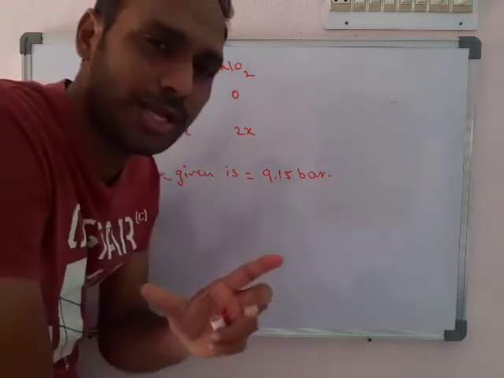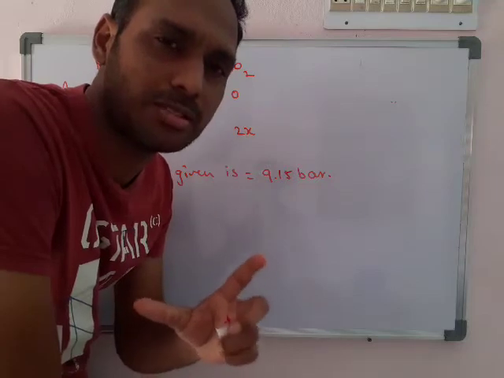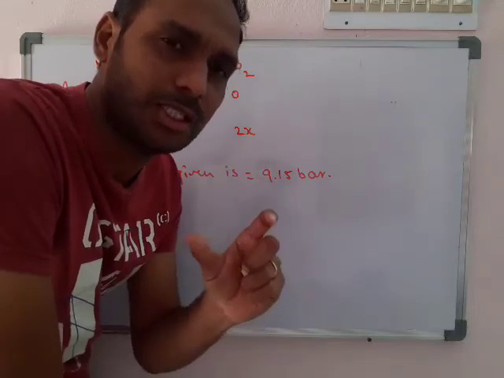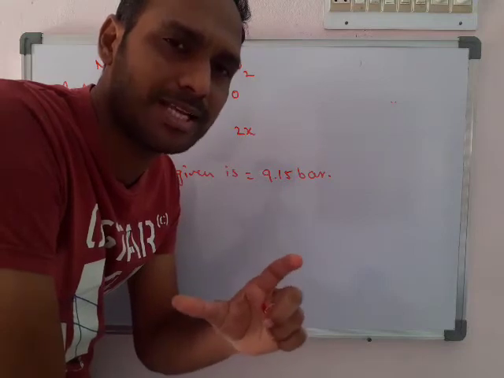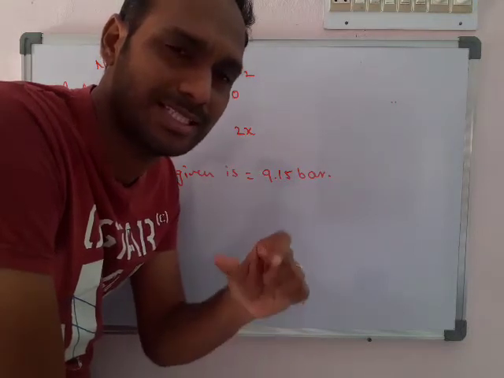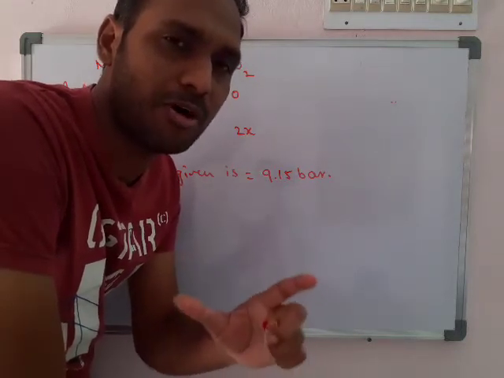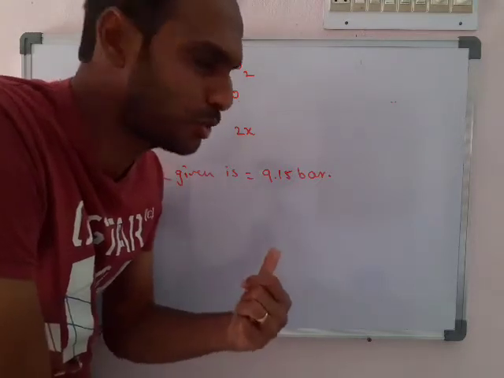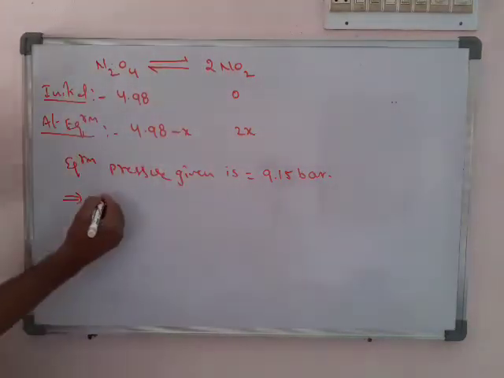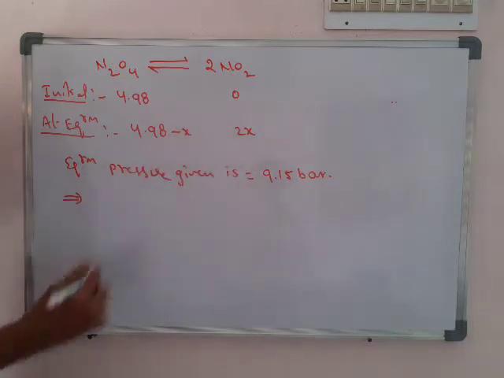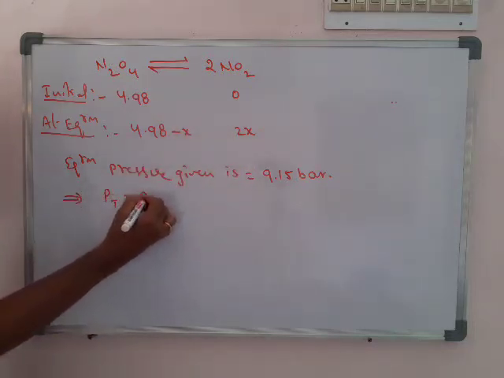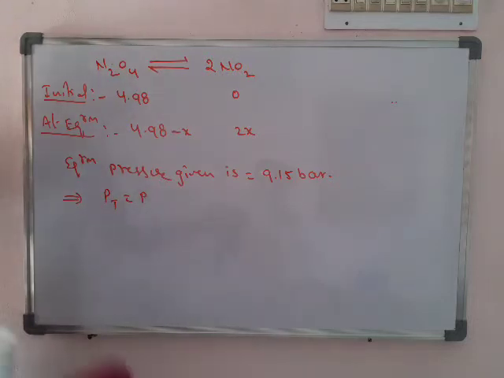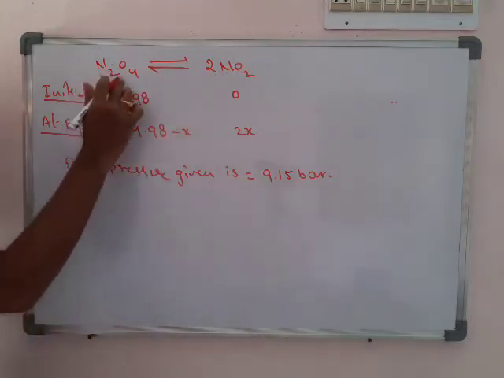According to Dalton's law, the pressure exerted by a mixture of gases is exactly equal to the sum of the partial pressures. So total pressure equals P1 plus P2, where the two gases are N2O4 and NO2.